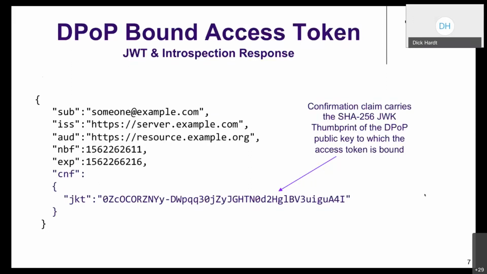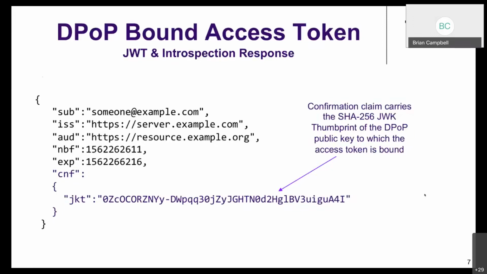No. This is just an example, sorry, of what a JWT would look like for interoperability purposes. It's still opaque to the client, as it always is. But ultimately the resource server has to know something about it. So it's either going to read the JWT and look for the confirmation claim, introspect it and look for the introspection response parameter, the same name with the same semantics, or do it by database lookup, or however it would be done internally without any interoperability concerns.